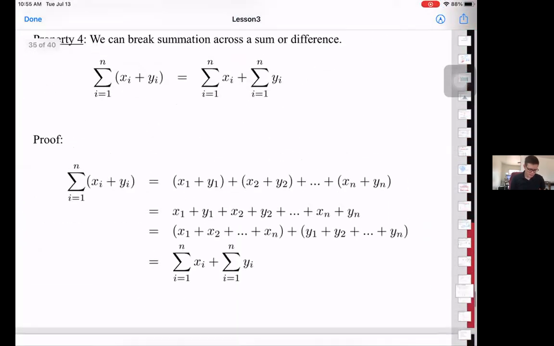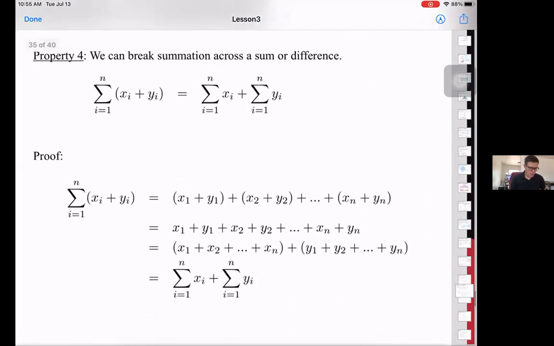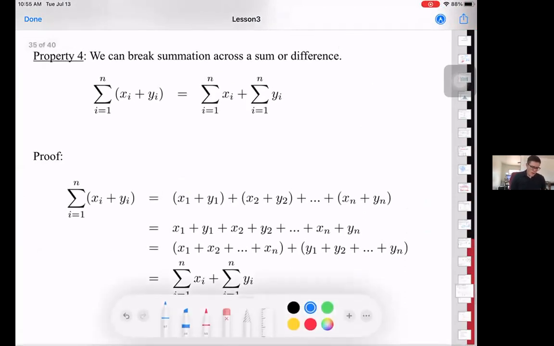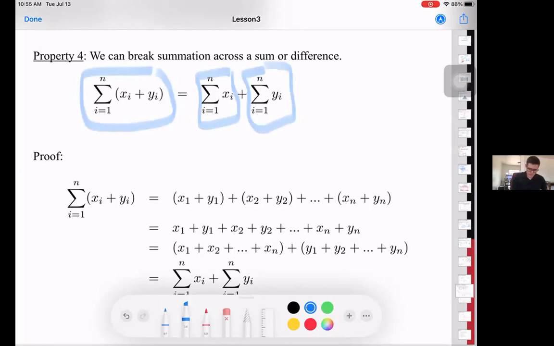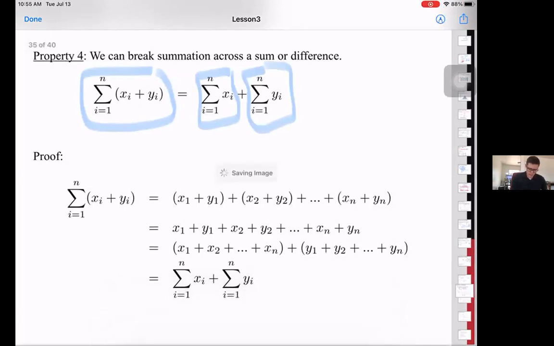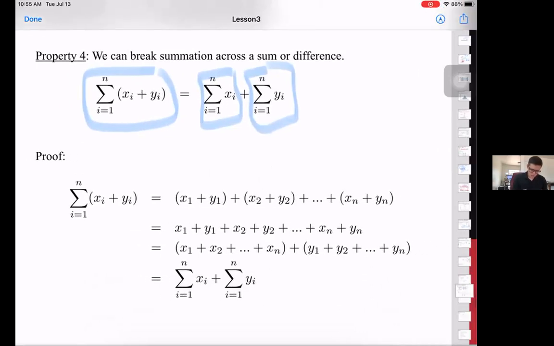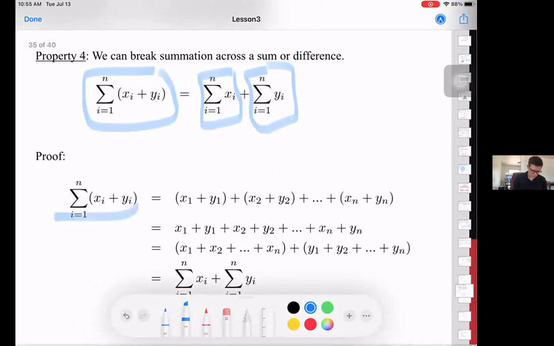Okay. The last one that we'll do today is that we can break a summation like this into two baby summations like these. This one's probably the simplest to see. All this means in practice is that we're summing x1 plus y1, and then x2 plus y2, et cetera, all the way through the data set.